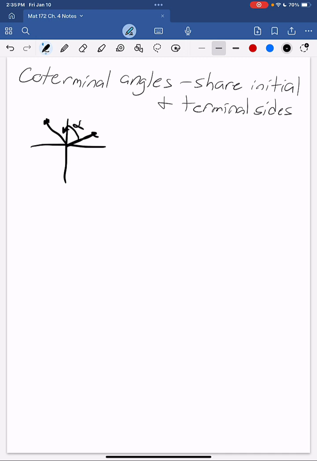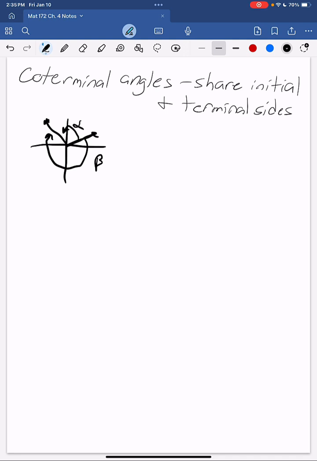Well, because I can rotate in a counterclockwise and clockwise direction, I can also rotate this way and call this angle beta. And so those angles would be coterminal because they share the same sides, even though the angles are going in different directions. Okay?